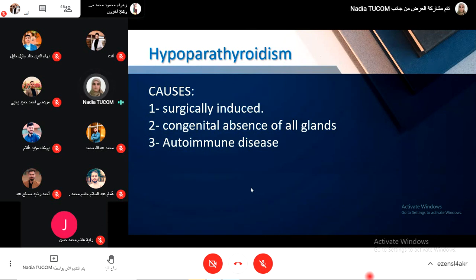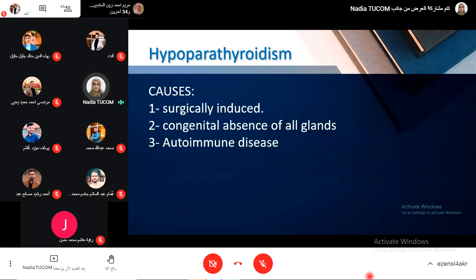Here in hypoparathyroidism, what do you expect? Thyroidectomy, doctor? Yes, exactly. Incidental, or we call it iatrogenic. What does iatrogenic mean? It means the doctor causes it, through surgical removal. When someone performs thyroidectomy for any cause, for colloid goiter, tumor, or Hashimoto, they remove the parathyroid glands, the 4 glands, along with it. This results in hypoparathyroidism, or it can be congenitally absent, or due to autoimmune disease like Hashimoto, autoimmune adrenalitis, or any autoimmune inflammation.